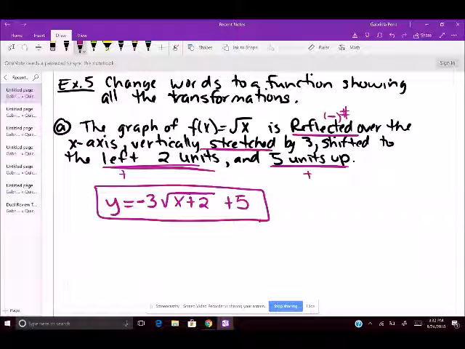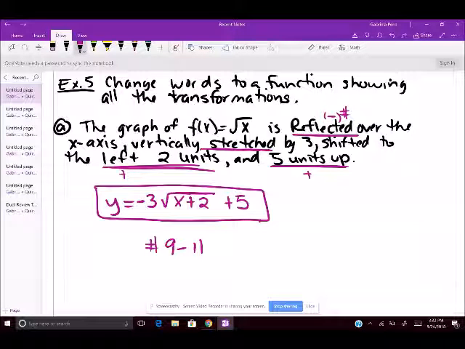So if there is no left, right, there should be nothing inside. If there's no up, down, there should be nothing outside of the square root, the absolute value, whatever. Negatives and stretches and shrinks go up in the front. So this is enough for you to do problems 9 through 11.